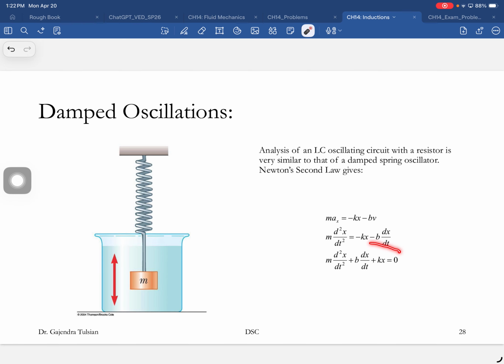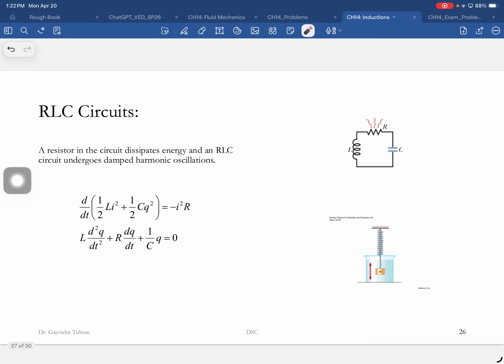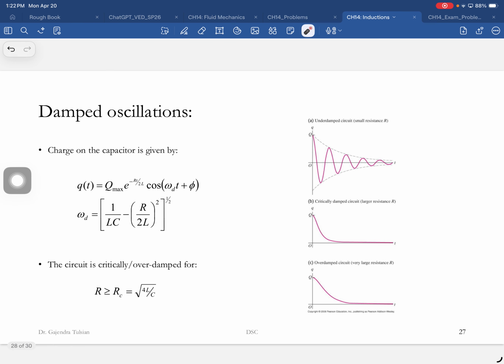That differential equation is very similar to this differential equation for the motion of the damped mass oscillator. And if you solve this differential equation, here is the solution. And you see the charge on the capacitor is decreasing exponentially as the energy is being dissipated.